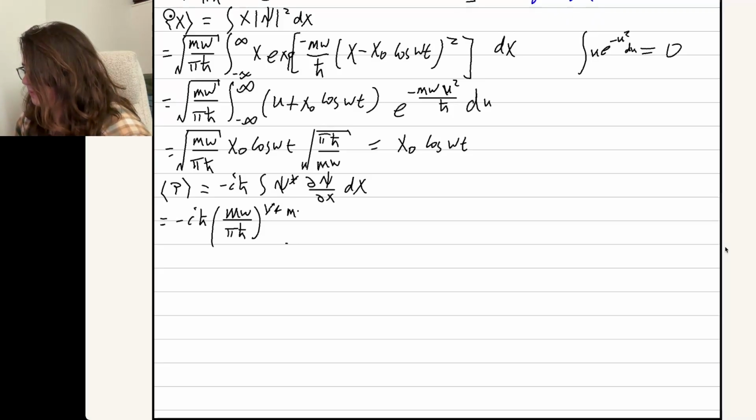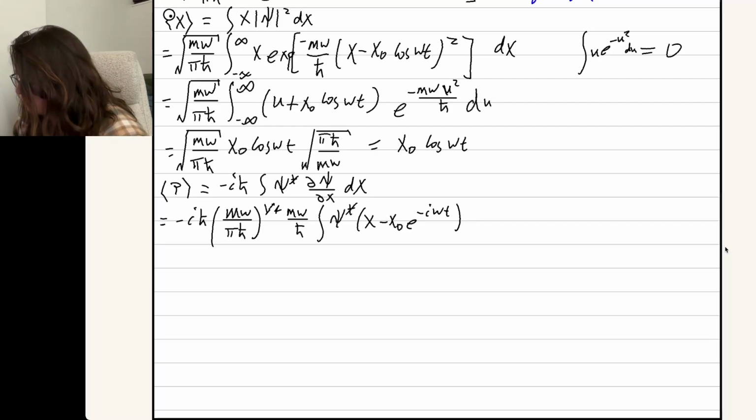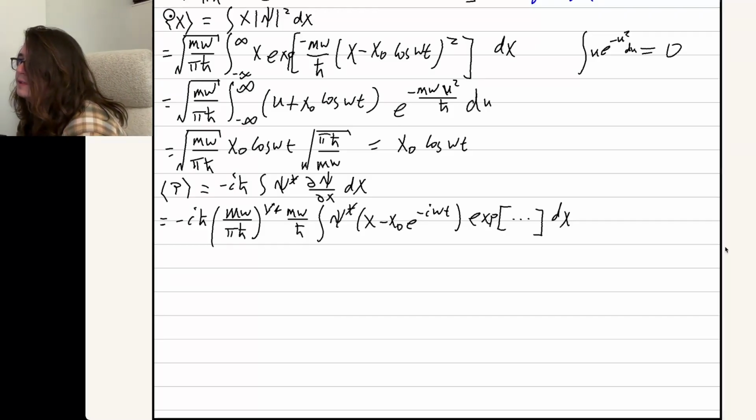It's just the m omega over h bar that we got from the first derivative. But now this is the integral of psi star, x minus x naught e to the minus i omega t, times the big annoying exponent, which I have never written once in this video.